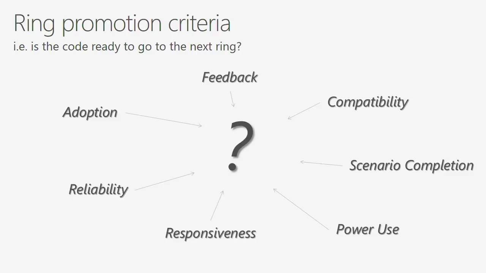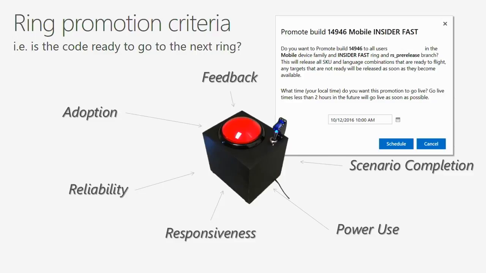Once we are satisfied that the code is ready to move to the next ring, based on the ring promotion criteria for that ring, you can imagine our criteria for Windows Insider Fast is get it out there as fast as possible for our insiders, and for Windows Insider Slow is make sure that you don't do anything too crazy and keep the systems relatively stable. We then press the big red button and we promote to our insiders.